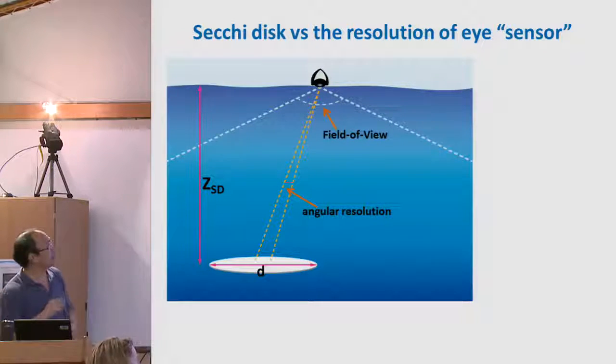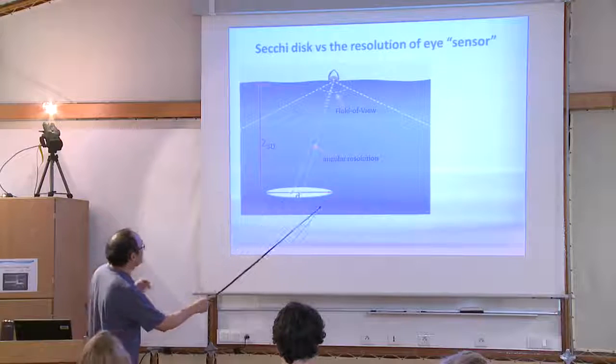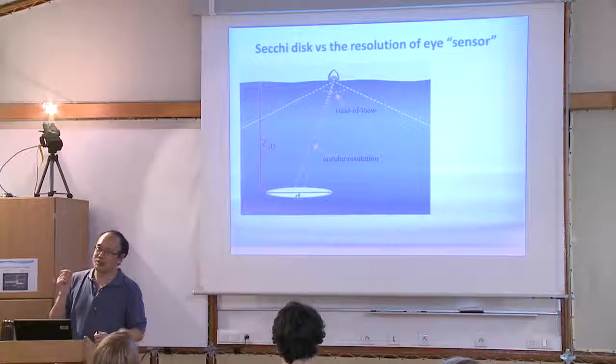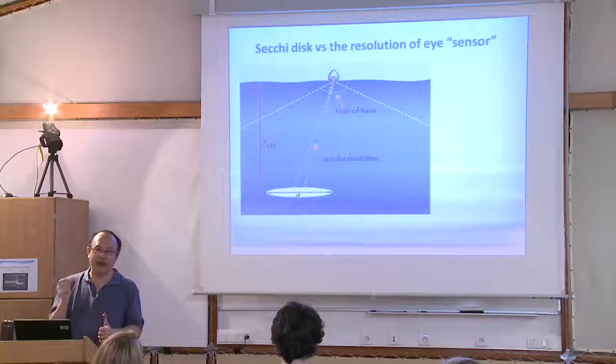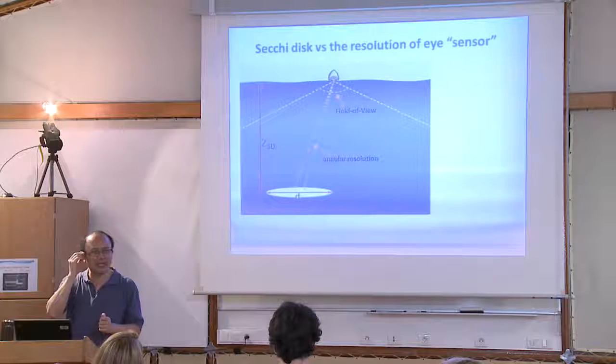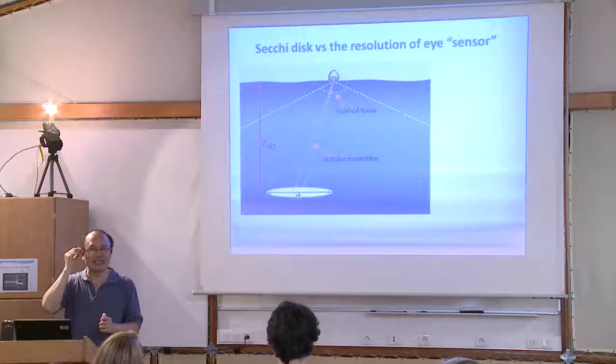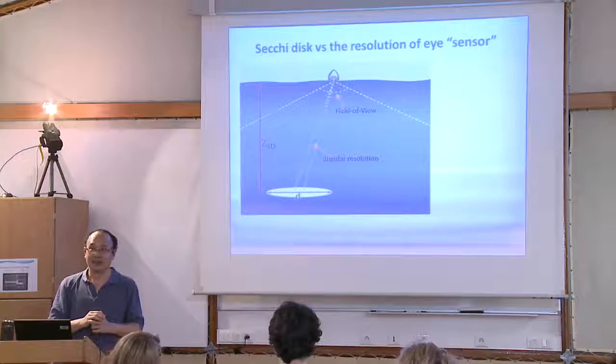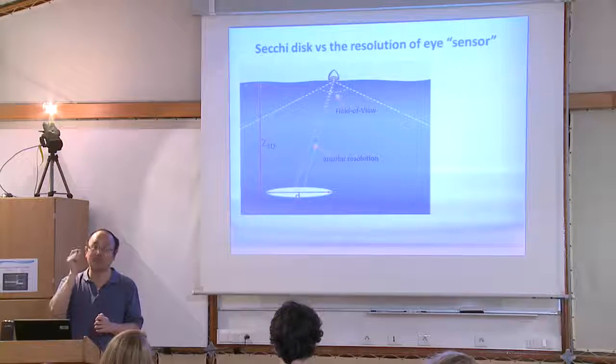The reason is this is a Secchi disk. These are eyeballs. Our eyeballs have very, very fine spatial resolution. I'm old now. You can, I guess, even to the final row, you can still see my white hair. What does that mean? That means our eyes have very, very high spatial resolution.